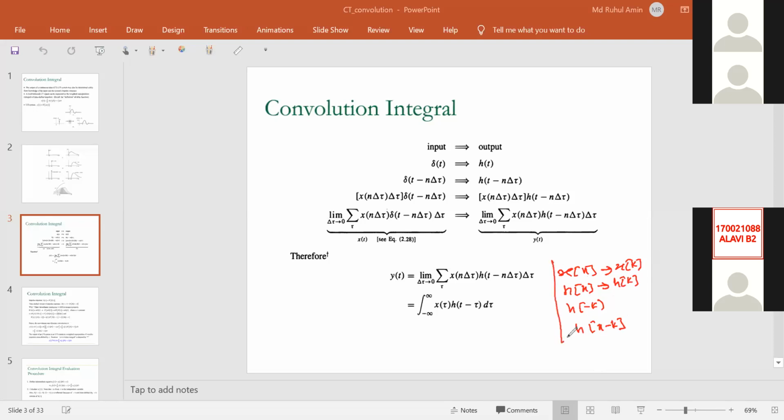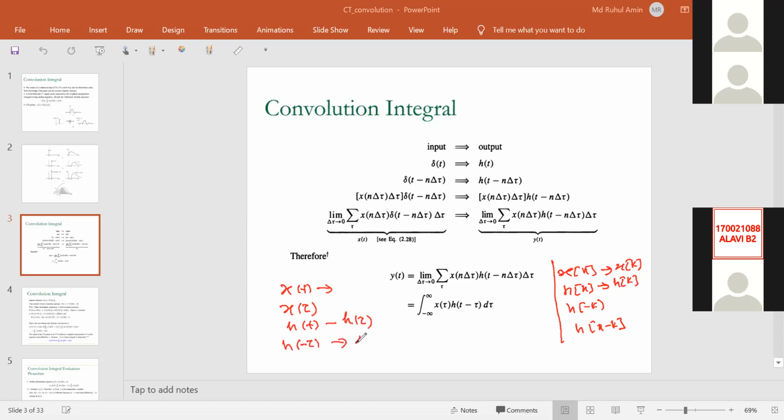Similar steps will be followed here in this case. Your xt will be given. Then from your xt you change the variable to tau. Then your x tau is there. Then your ht will be given. From your ht you determine your h tau by changing the variable. Then you reflect your h tau.